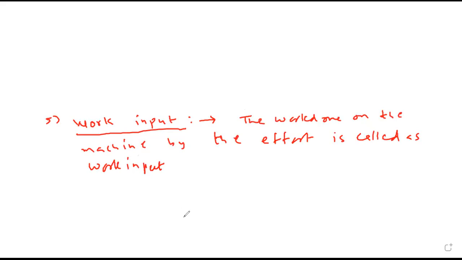Therefore, work input is equal to work done by effort.